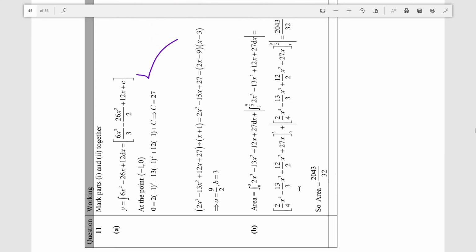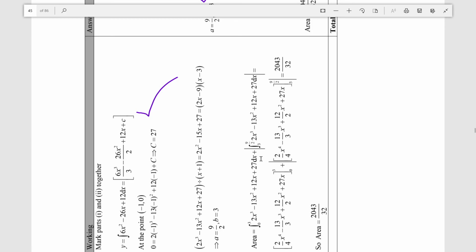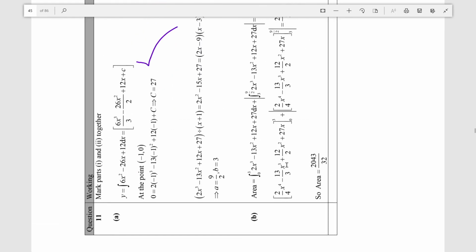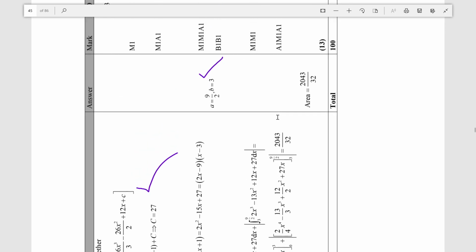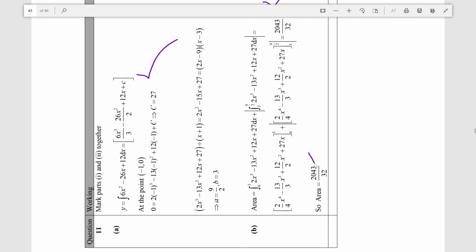Alright, so the area is the integral of this from 0 to 3 plus the integral of this, or in our case minus without absolute value sign, the integral from 3 to 9/2 of this. And then we just evaluate the bounds here and add it up to get 2043/32. And so the area is 2043/32.